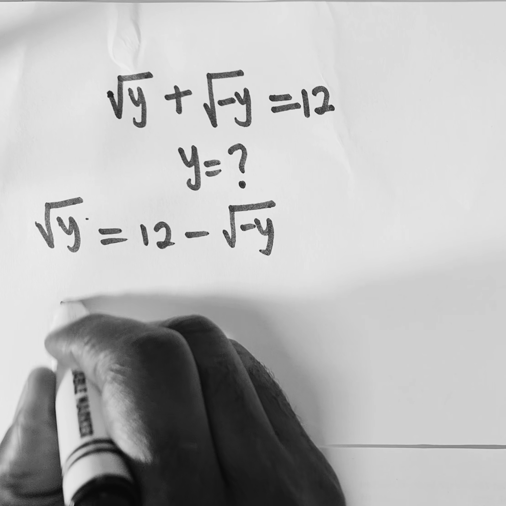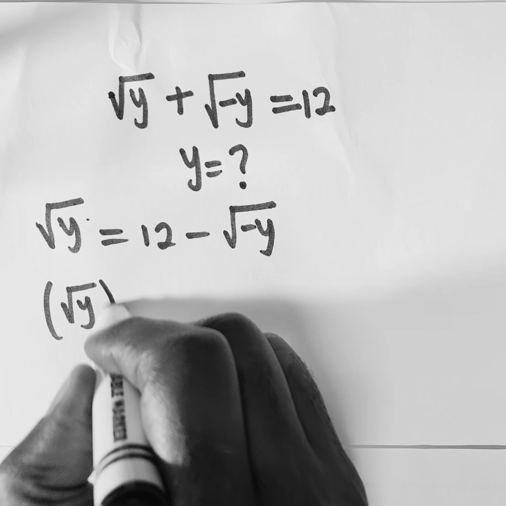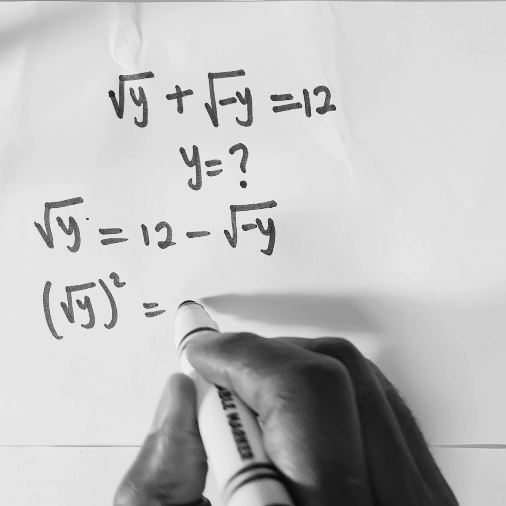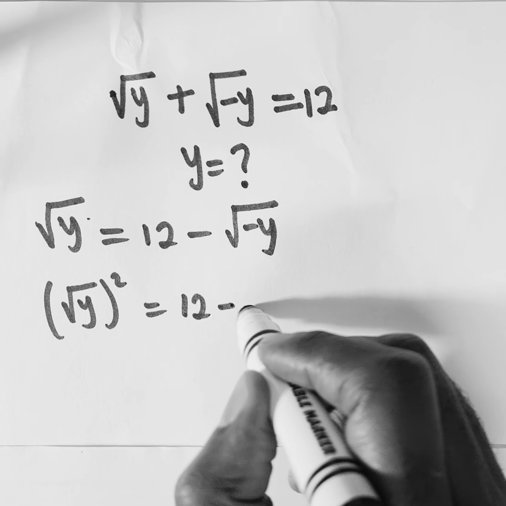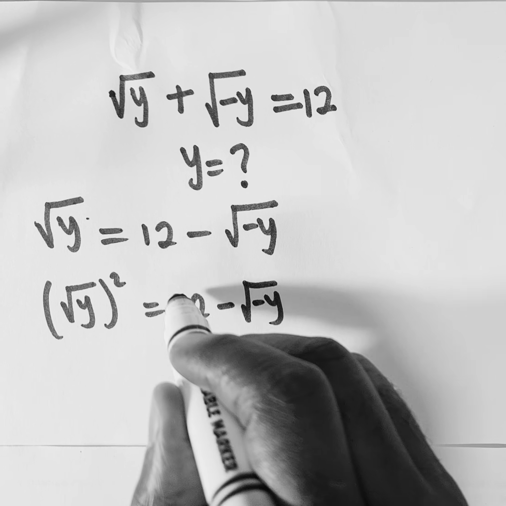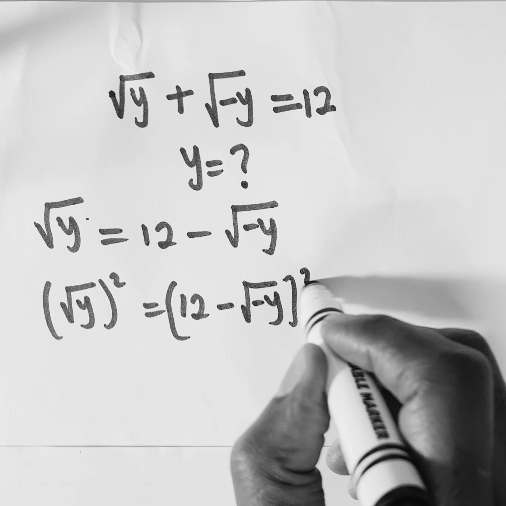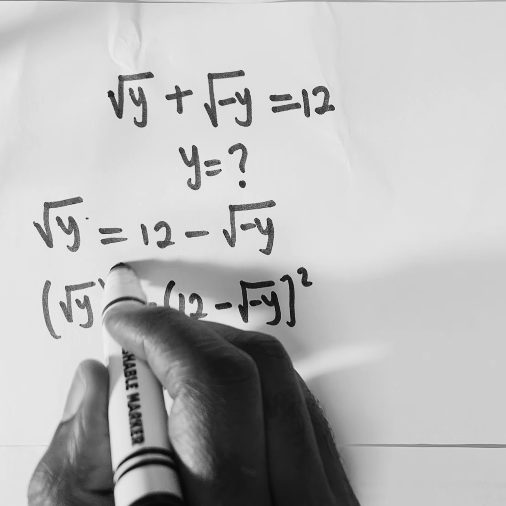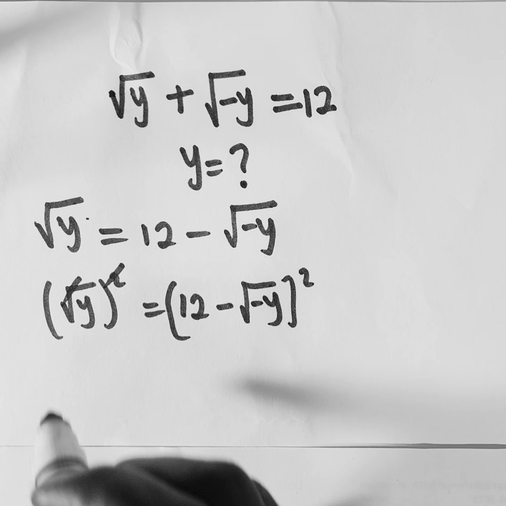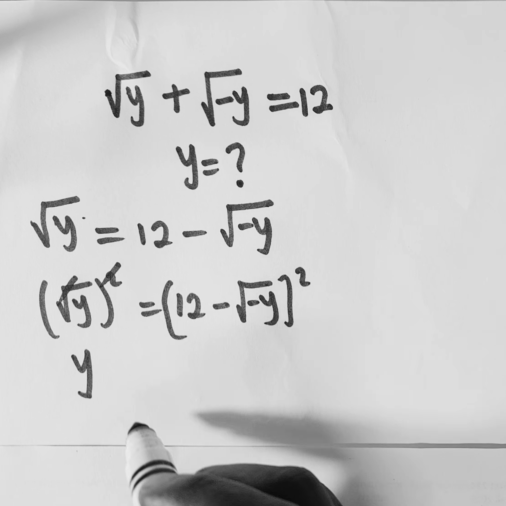So here I'm going to have the square root of y squared equals 12 minus the square root of negative y, squared. Now, this square is going to cancel out the square roots. So here I'm going to have my y.